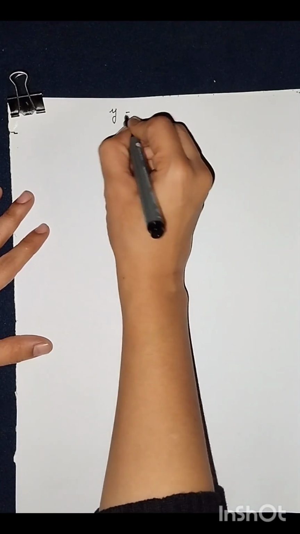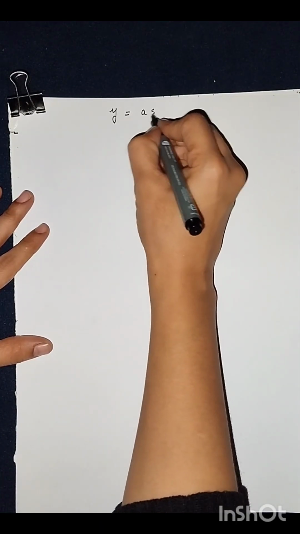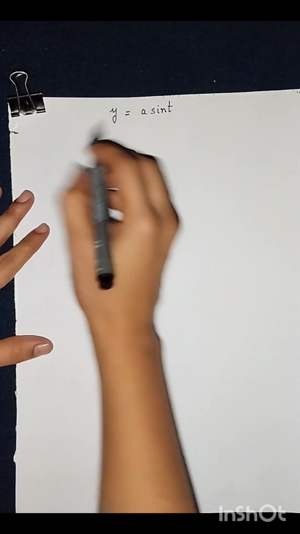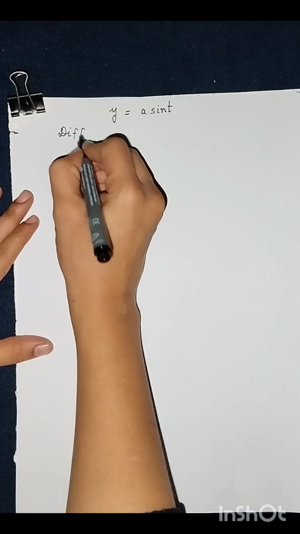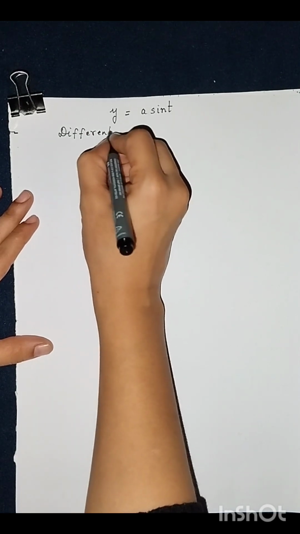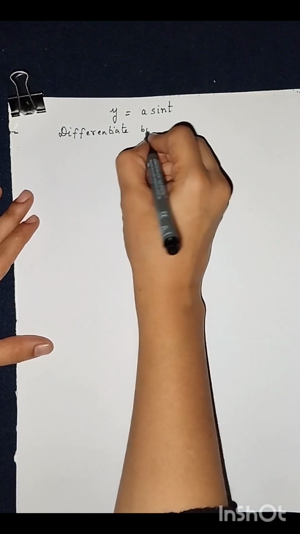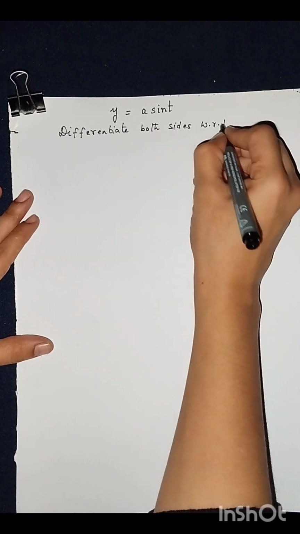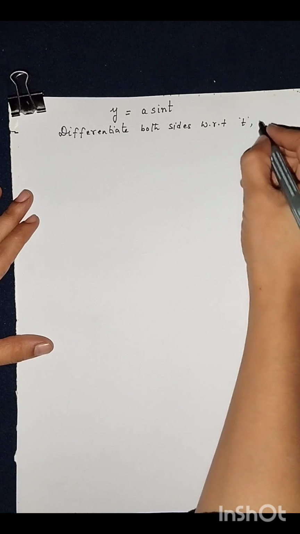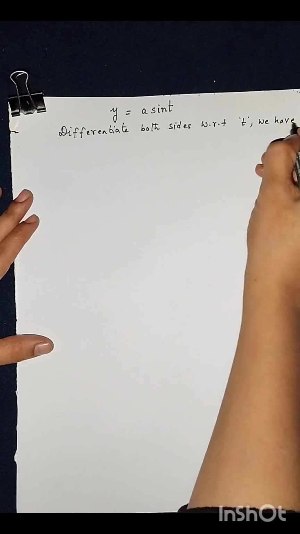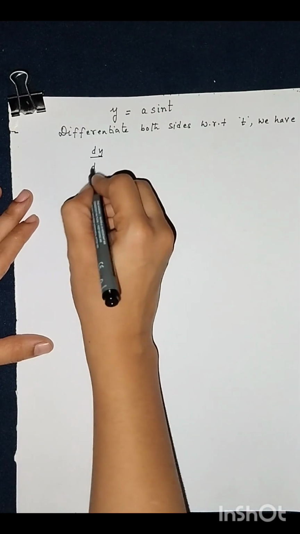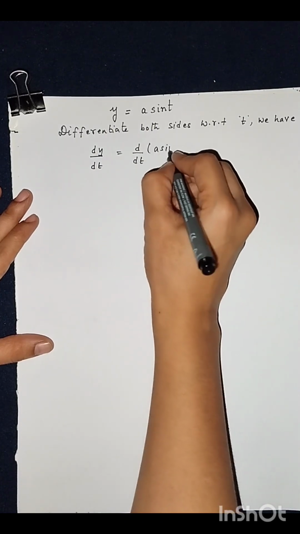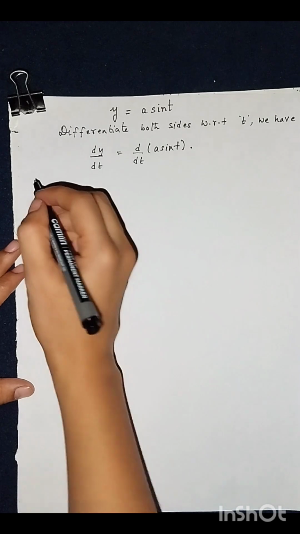Now another parametric equation, y is equal to a sin t. We want dy by dt, so we will differentiate both sides with respect to the independent variable t. We have dy by dt is equal to d by dt into a into sin t.